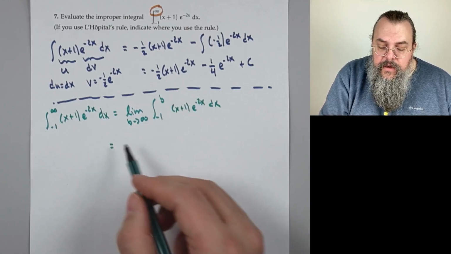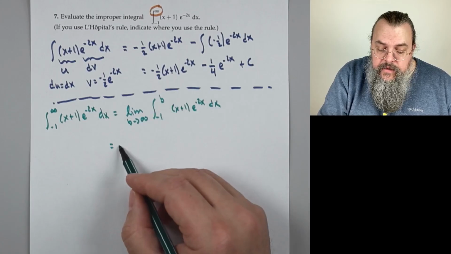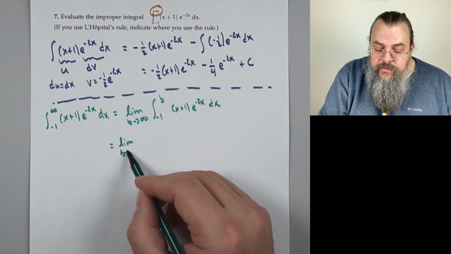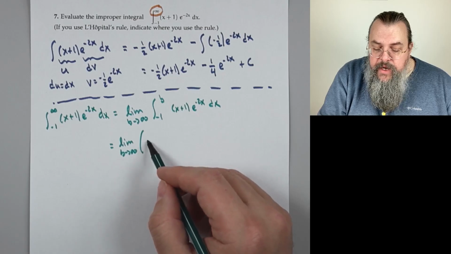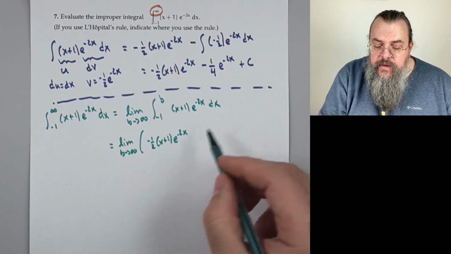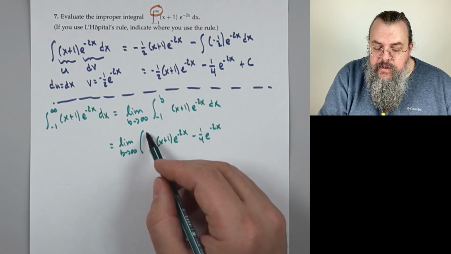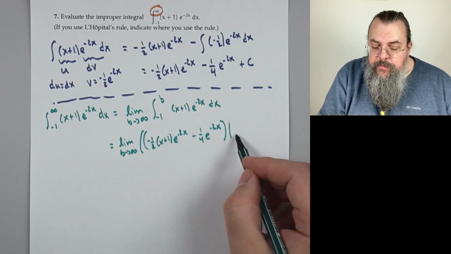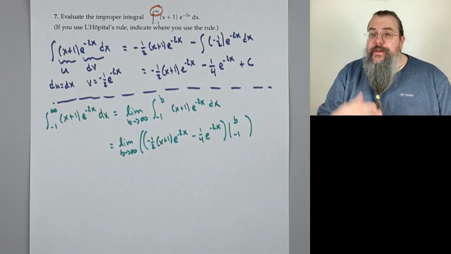We know how to integrate that. It's right there. So this is the limit as b goes to infinity of minus 1/2 (x plus 1) e to the minus 2x minus 1/4 e to the minus 2x, evaluated from -1 to b. We don't need to put in the plus c, it goes away.